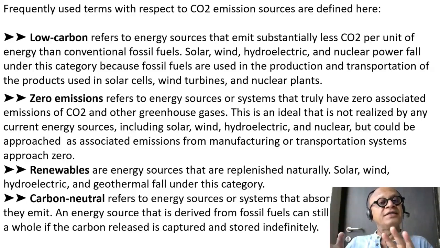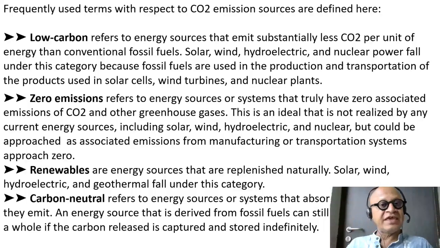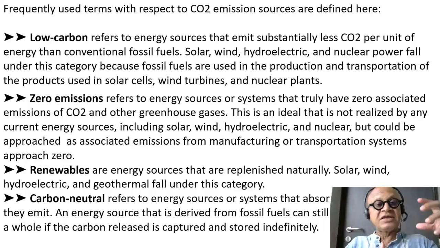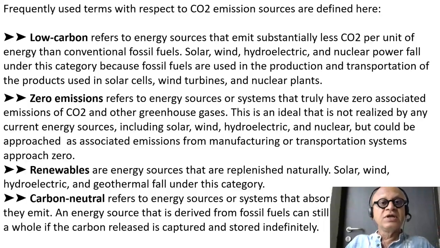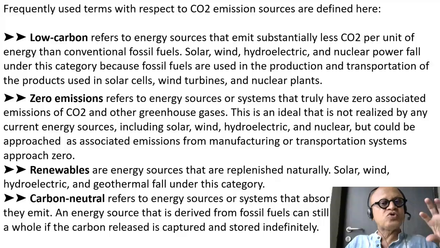So there is something called life cycle analysis, where you take anything, let's say a bottle of water or a bottle of juice. It has the bottle, it has the cap, it has the fruits that go into it, manufacturing of the juice, sugars, other chemicals added, transportation, and so on.